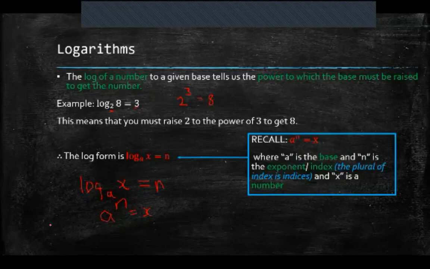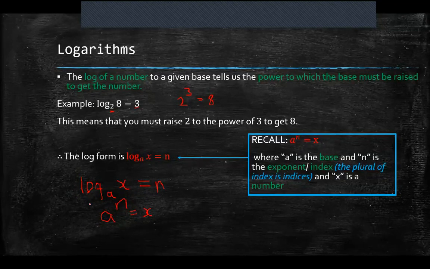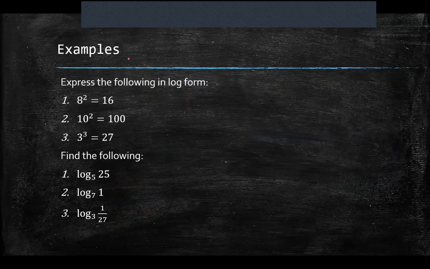They are equivalent. This is called the log form, and this is called the exponential form, right? So it's important for you to know the relationship between log form and the exponential form. So let's practice this now.